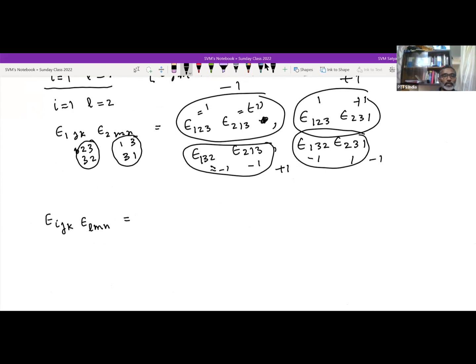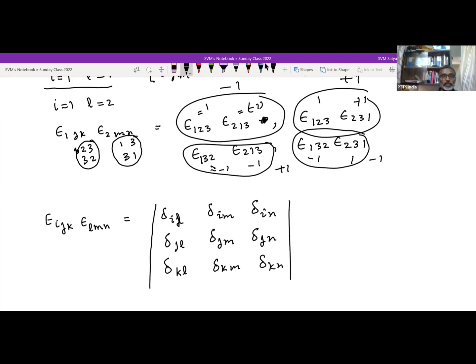This can be written as a determinant of delta il, delta im, delta in, delta jl, delta jm, delta jn, delta kl, delta km, delta kn.